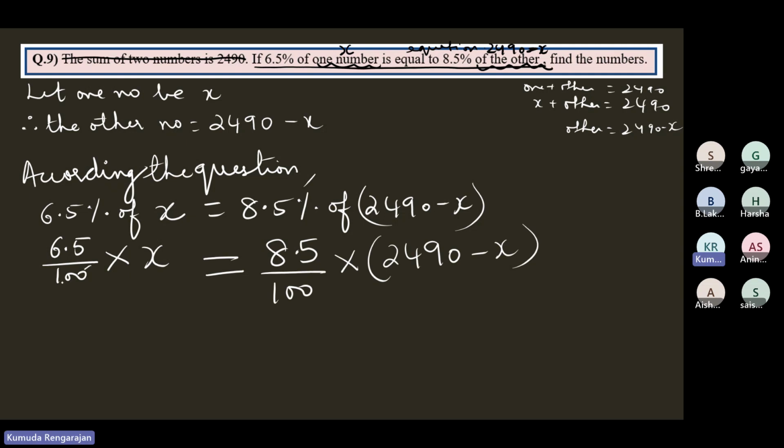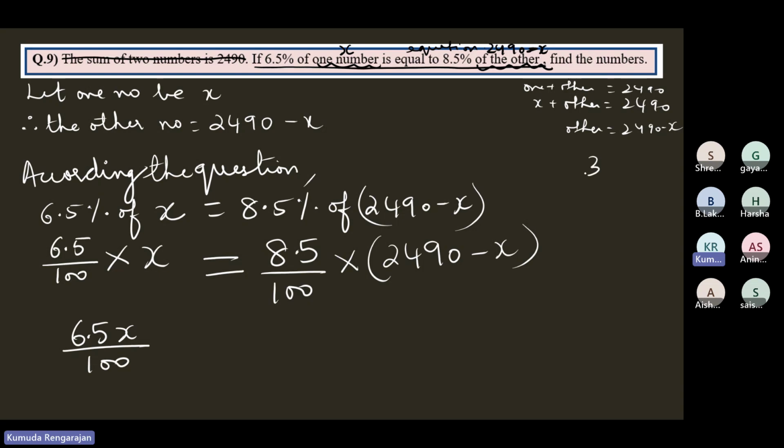Now the 100 on either side gets cancelled. If you don't understand how you can cancel that, let me explain.